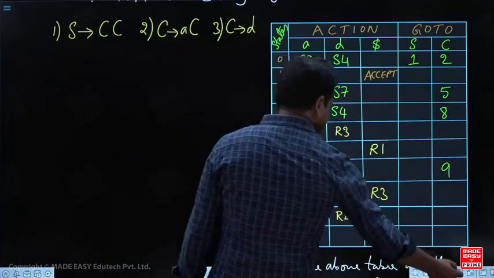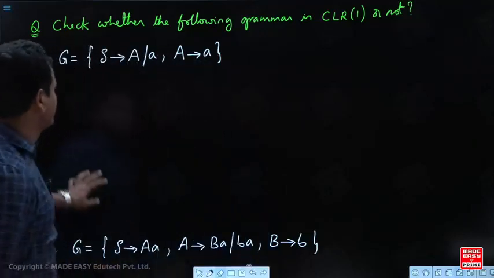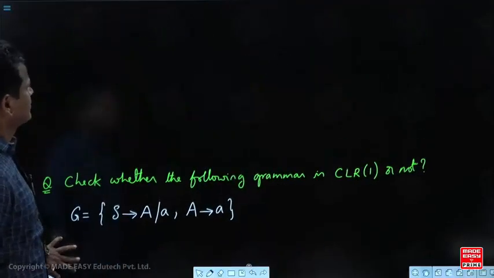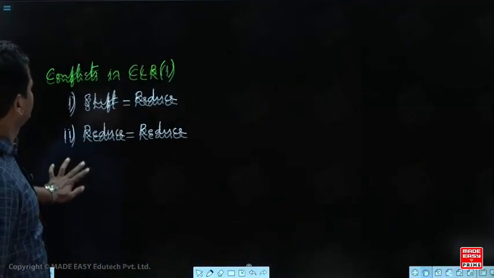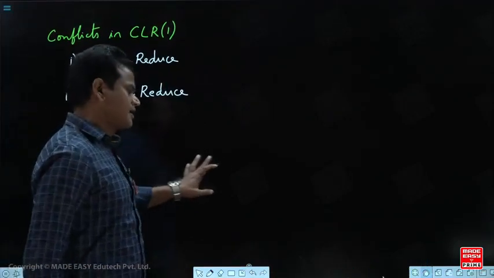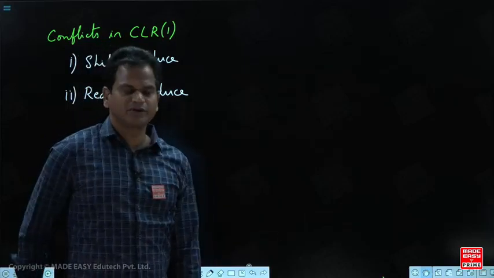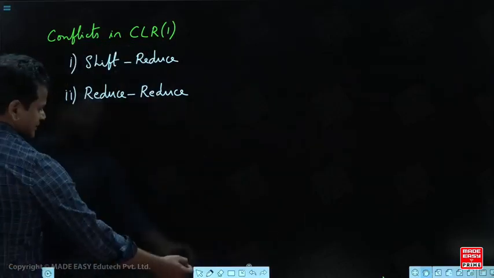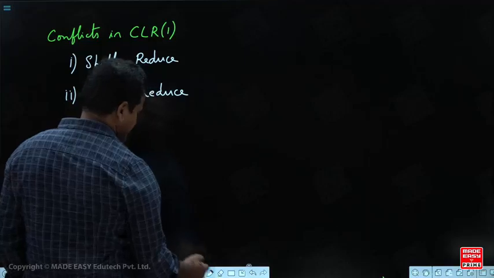Do you remember the shortcuts for conflicts in CLR of 1? Do you remember the shortcuts for SLR of 1? In SLR of 1, what is the shortcut?